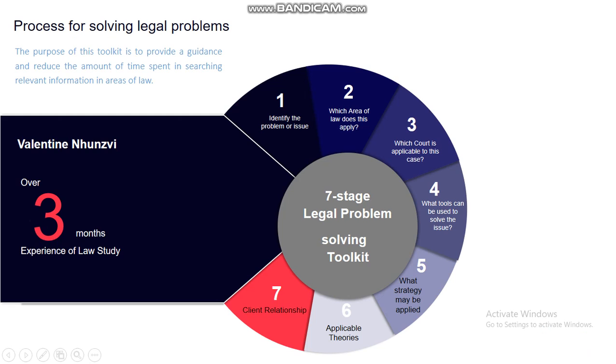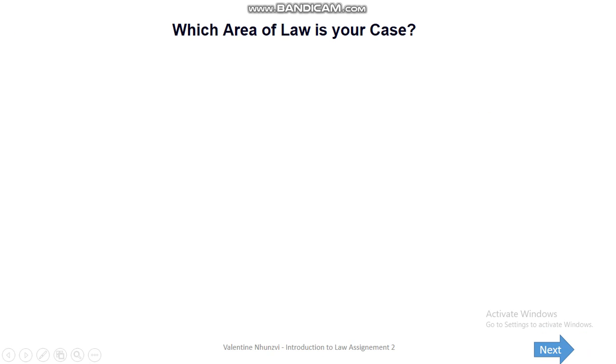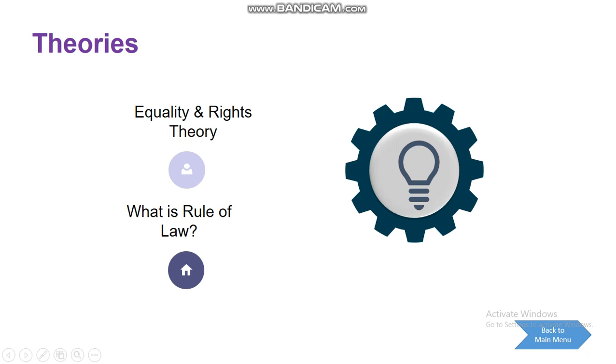We then go back to theories, applicable theories. This area is broken down into equality and rights theory and the rule of law.